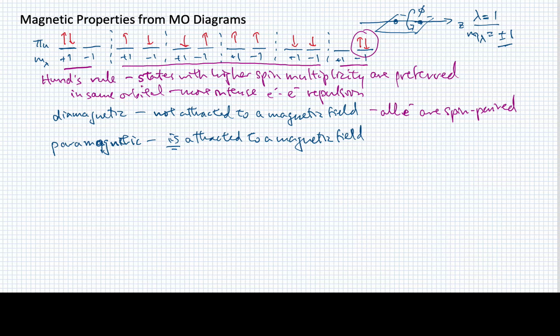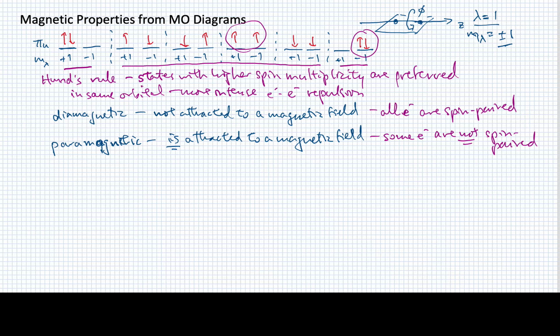It would be a diamagnetic molecule. Obviously, the opposite is going to be true for paramagnetic. It says that there are some electrons that are not spin paired. So in other words, cases like this would be a case where we might have a paramagnetic molecule, if that's how those orbitals were filled.